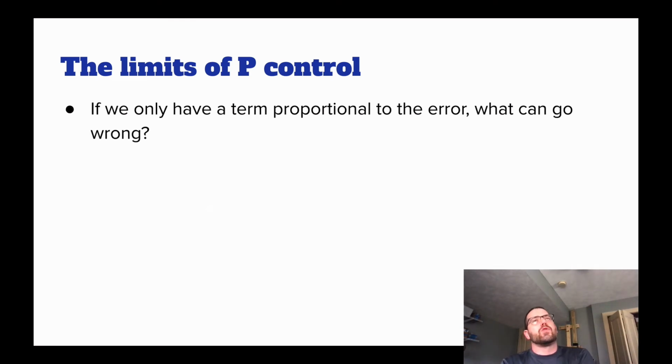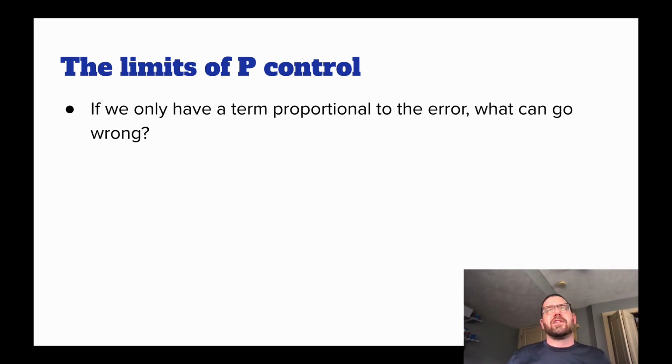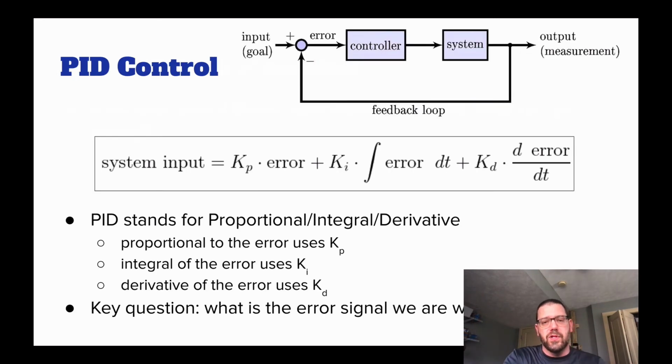Now, P control can do a lot of really powerful things for you, and I would definitely encourage you to start there. Eventually, though, you'll have to make weird trade-offs of either I'm not getting that much correction and it's kind of going a little slow, or it starts to overcorrect and do some crazy things. And so adding a derivative term to the controller can really help you in those situations.